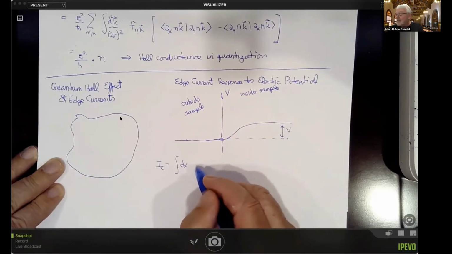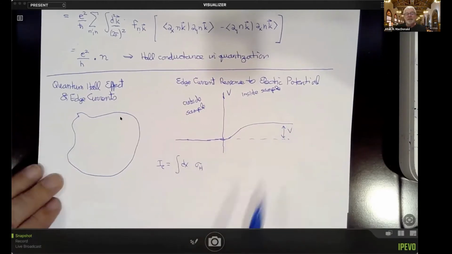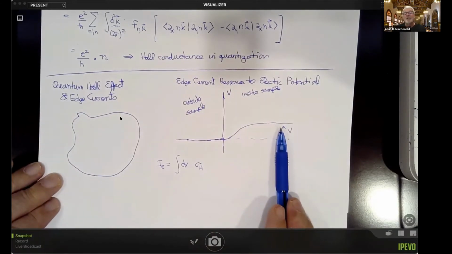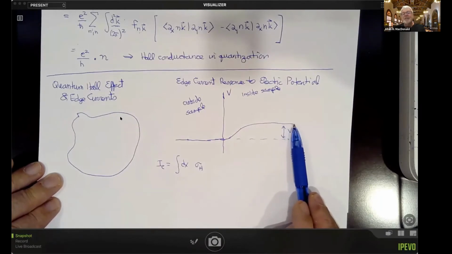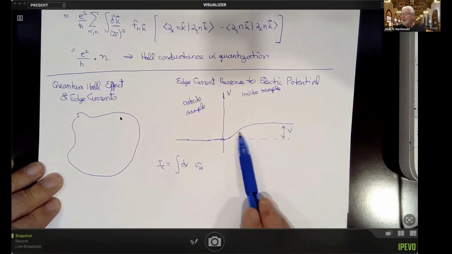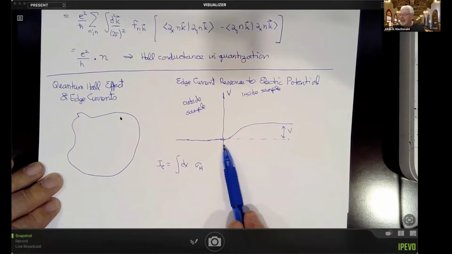Let me just call it sigma Hall, which is, implicitly here, I'm interested in an insulator. If there's a small potential change in an insulator deep in the bulk of the system within the gap, it's not going to induce any current in response. The current will come only here where I've let the potential gradually go to zero. So there's an electric field here.